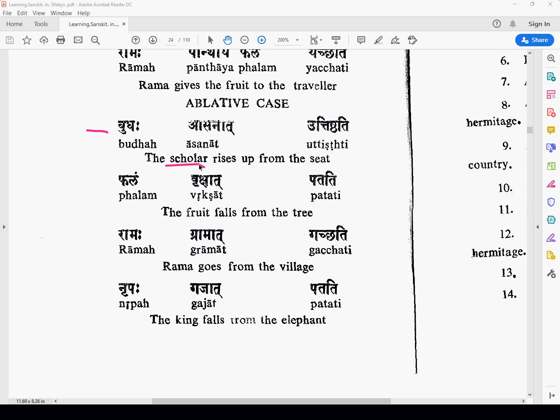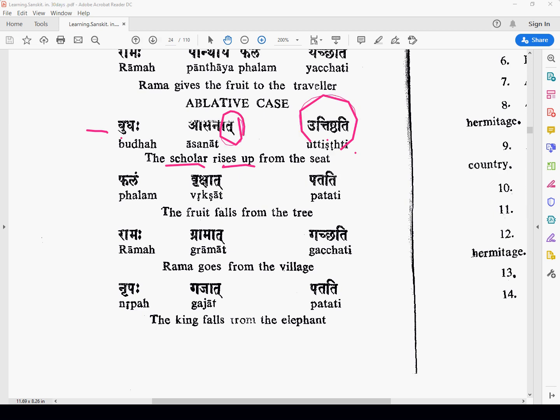Buddha asanat uttishati. The base sentence again, kriyapadam, is uttishati. Uttishati means stands up, rises up. So now, Buddha uttishati, rises up from. This fifth case ending indicates from. From where he is rising up.